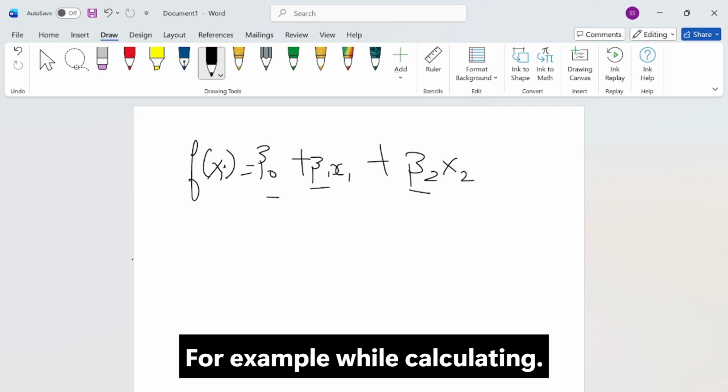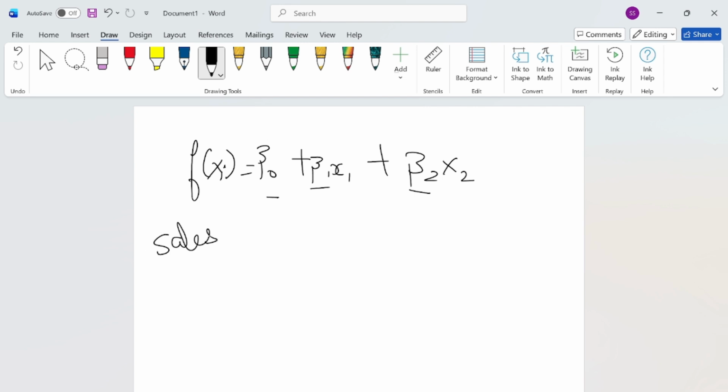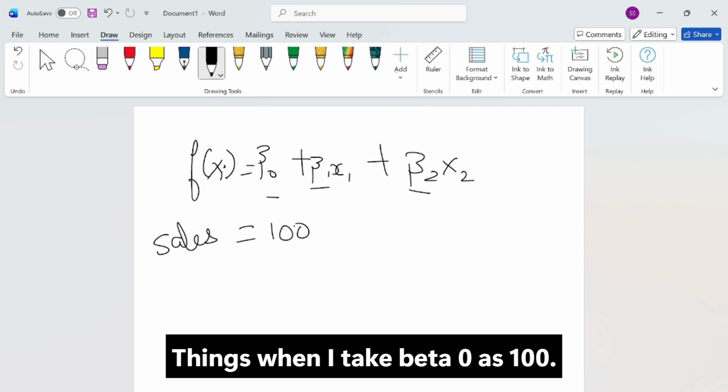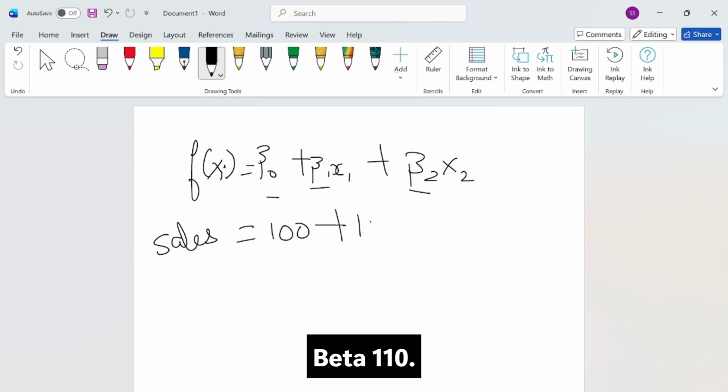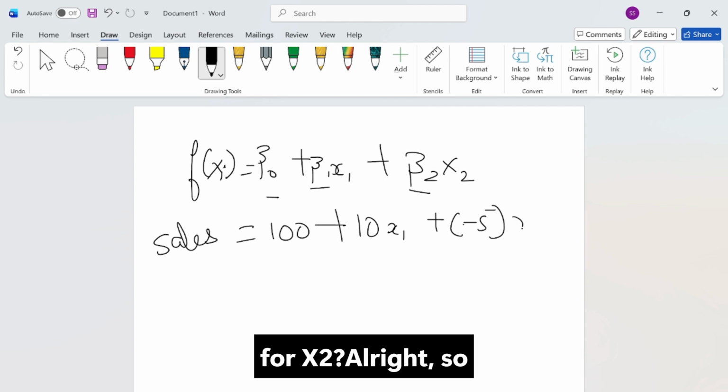Alright. For example, while calculating sales, when I take beta 0 as 100, beta 1 as 10 into x1, and beta 2 as minus 5 for x2. All right.